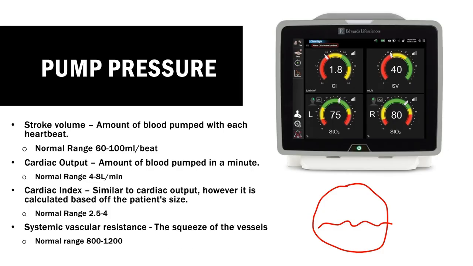So when we increase the systemic vascular resistance, we shrink the size of that vessel to where there's not as much room and it increases the pressure of that blood flow. And again, going back to the water hose, you're trying to wash your car or you're playing on slip and slides as a kid.